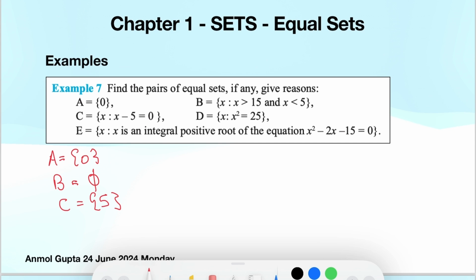D equal to x such that x square equals 25. D is plus minus 5. E equal to x such that x is an integral positive root of the equation x square minus 2x minus 15 equals 0.